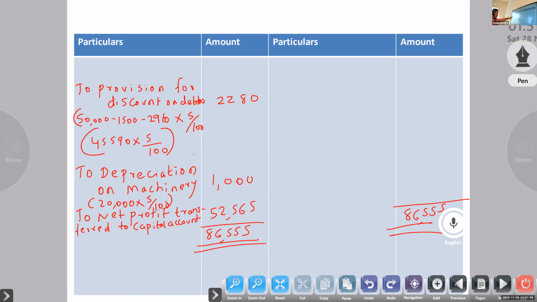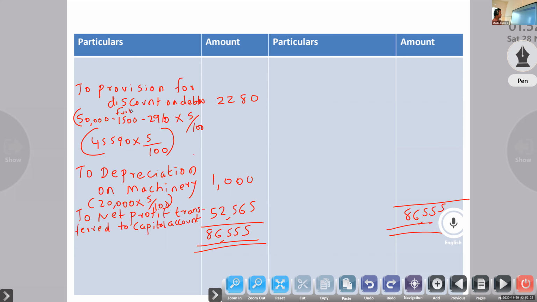Remaining, we did provision for discount on debtor. From debtor, you have to minus further bad debt and new provision, that into 5%. Then you have to look at adjustments. First depreciation on machinery into 5%. Then all other adjustments we already did.